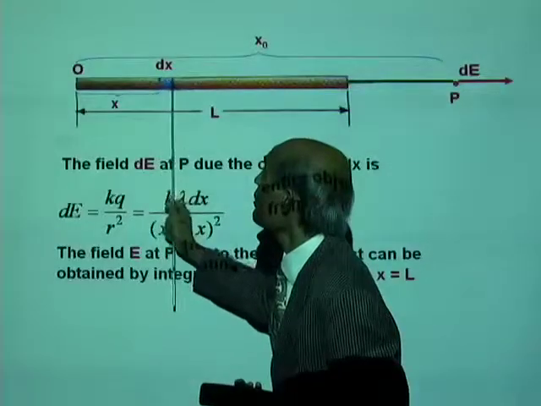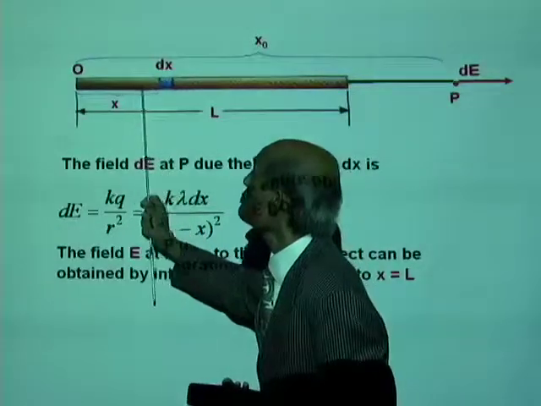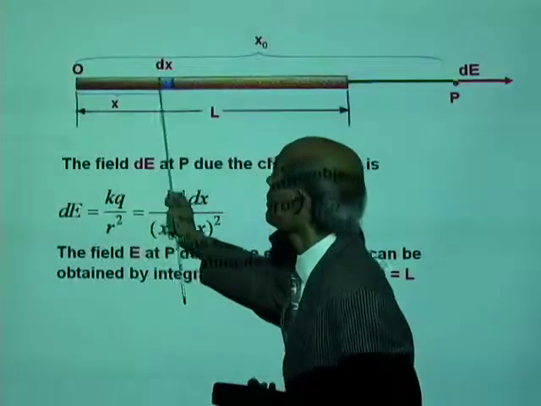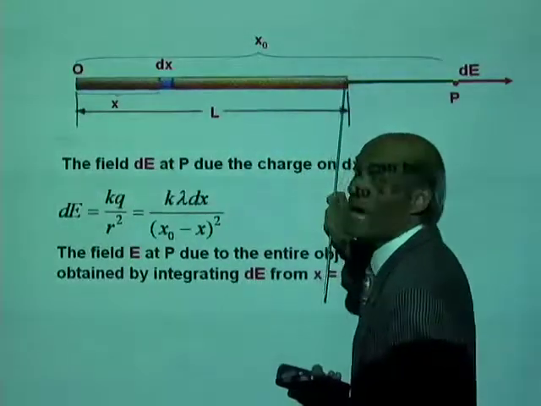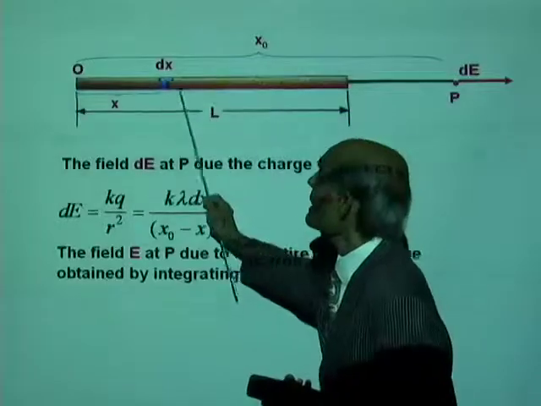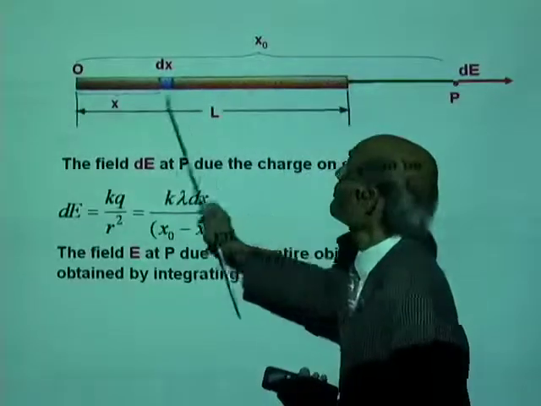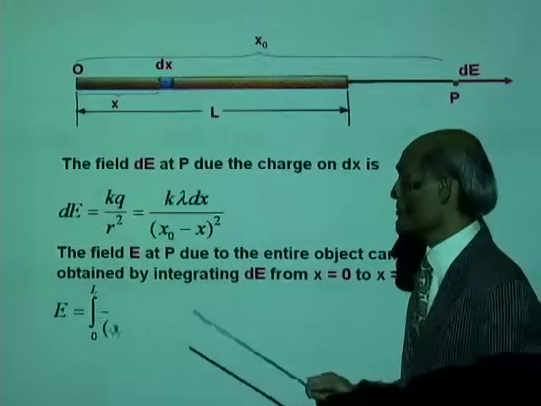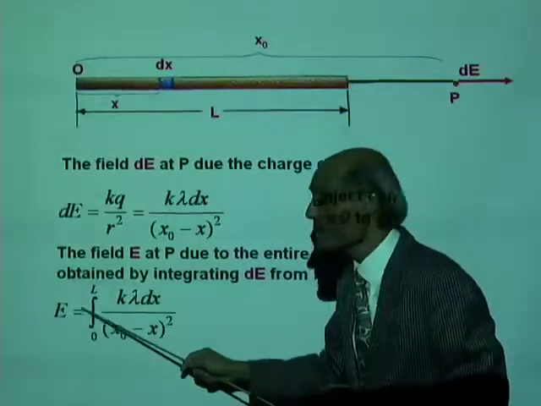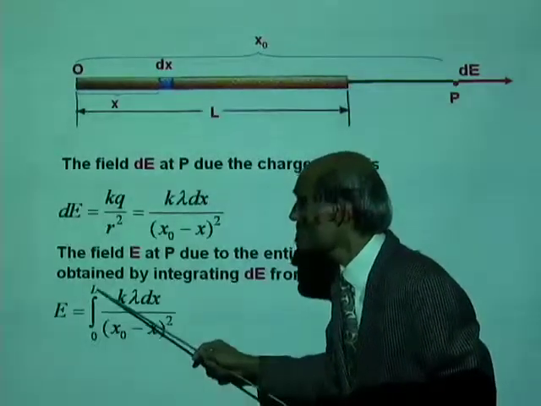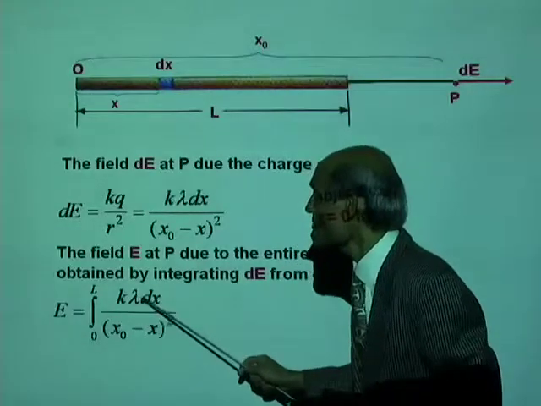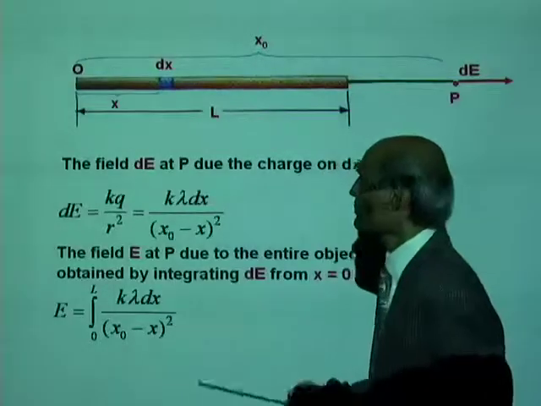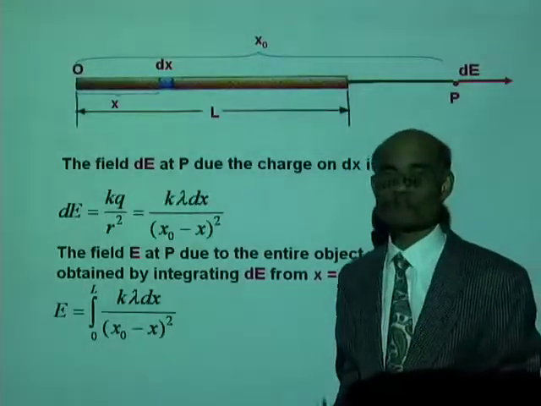The position of this element can change from this end, x equal to 0, to x equal to L. This segment can be anywhere from x equal to 0 to x equal to L. So E equals the integral from 0 to L of k lambda dx over (x0 minus x) all squared.